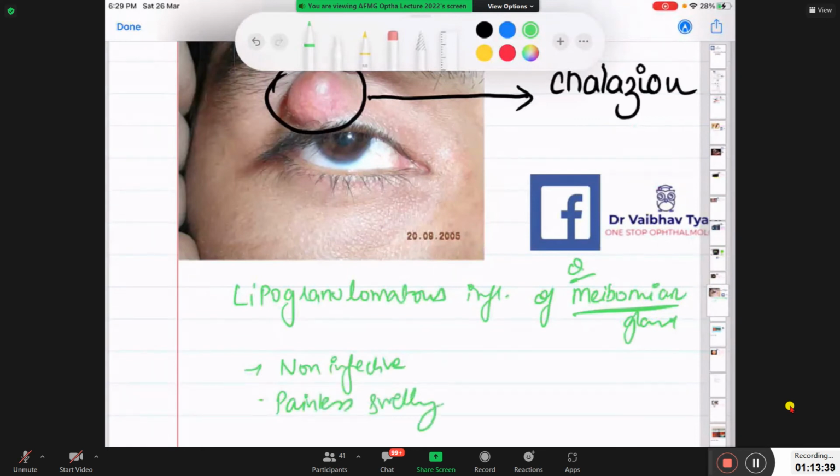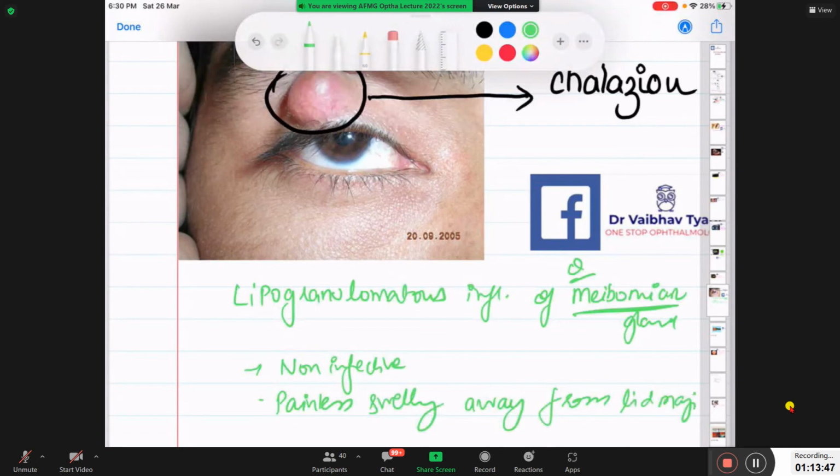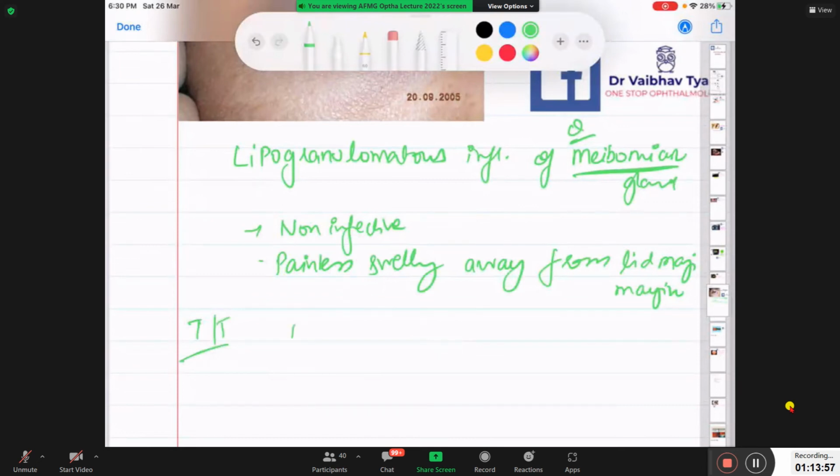This is painless swelling and it is away from the lid margin. You have to do incision and drainage.